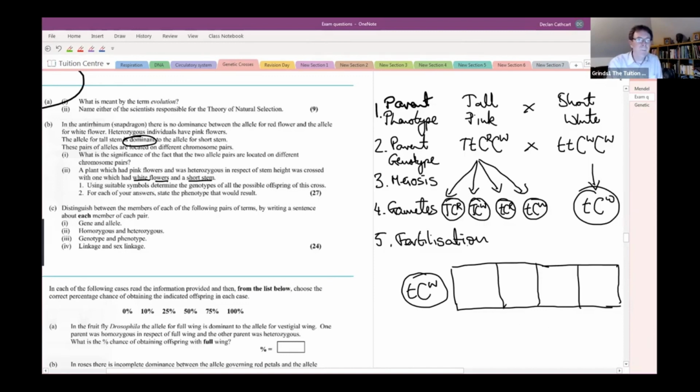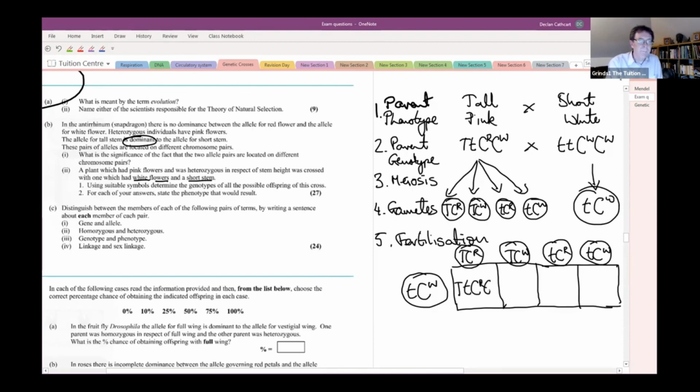So on the outside here, we're going to put up our four gametes. So it's big T, big R, big T, big W, small t with a big R, and small t with the W.